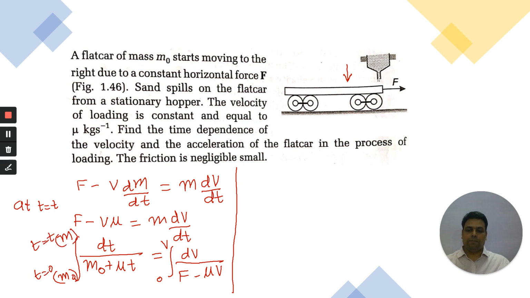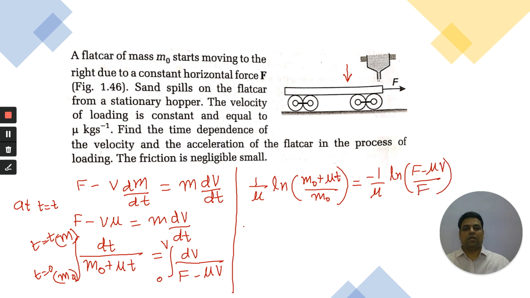On the left hand side, I would have 1 by mu ln of m naught plus mu t by m naught. On the right side, I would have minus 1 by mu logarithm of F minus mu v by F.